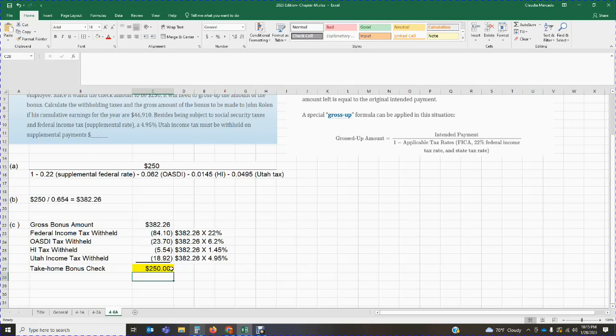So if I want to give my employees a check of $250 after all applicable federal income tax, Social Security taxes, which include OASDI and HI, and my state income tax, I need to pay my employees $382.26 so they can take home that $250 check. All I was doing in this part was verifying that the work I had done was correct. So that is basically it for this particular problem.